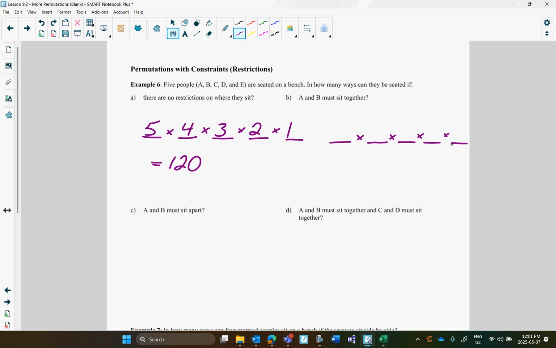But what we do in a situation like this, when these two have to sit beside each other, is treat them like one position. I'm just going to put them on the end. I could have put them on the beginning. So I'm going to say A and B have to be in there.